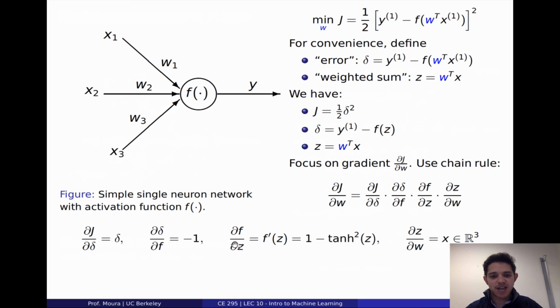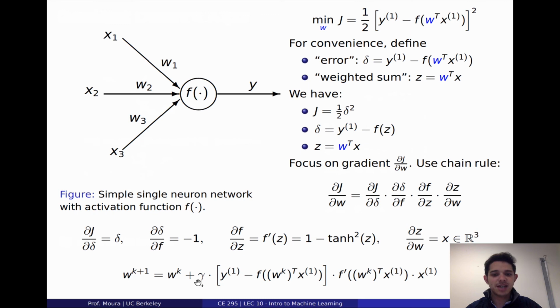Remember that from the last slide. So the derivative of f with respect to z is just f prime of z. And it turns out that the derivative of the hyperbolic tangent is 1 minus tanh squared. So I'm just writing that out. And then partial z, partial w, here I have z, is just the 3×1 vector x. Right? So now with this, I can take all these three components, multiply them together, and voila, I have my formula for partial J, partial w.